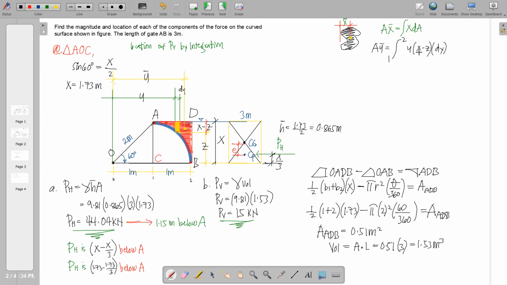To do that, we know that x is 1.73, so we just copy that and replace x by 1.73. In here, we still need to express z in terms of y so that we can finally integrate. So what would be the relationship of z and y?